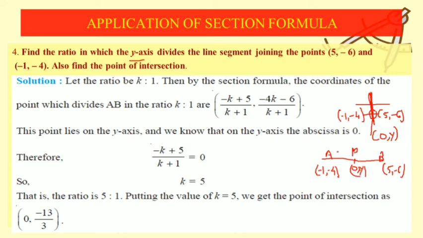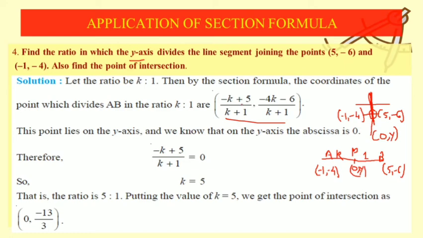We have to find the ratio, so we will take the ratio to be k:1. So we can easily find it now for the x coordinate, that is 0 here. So 0 will be equal to k multiply 5, 5k, and 1 multiply minus 1, minus 1. So 5k minus 1, and the sum of the ratio will be k plus 1.